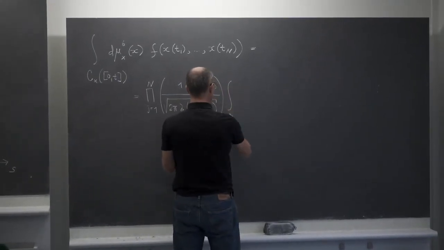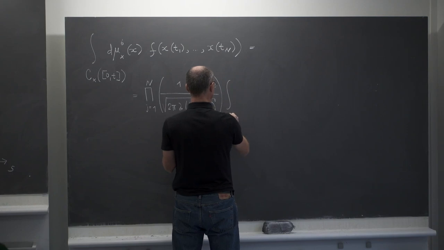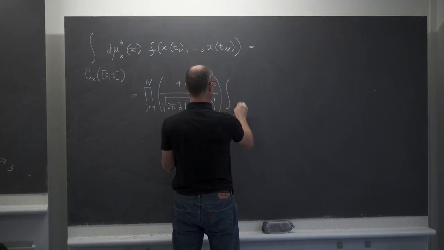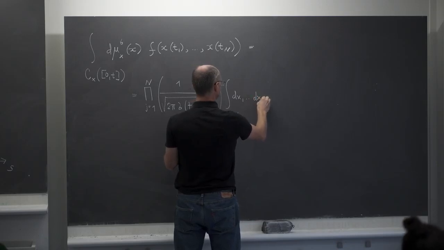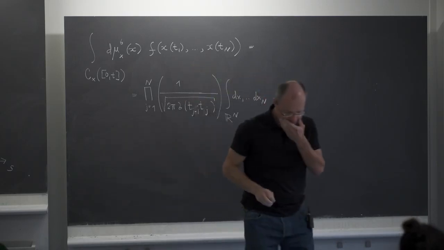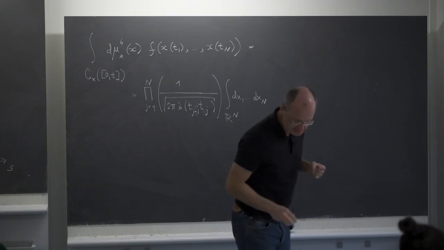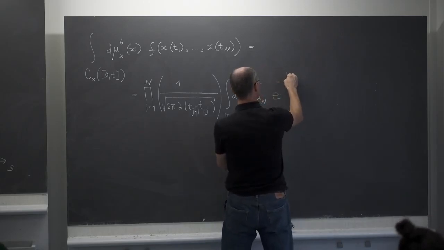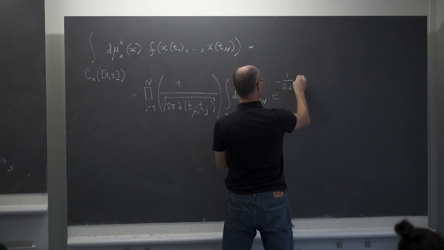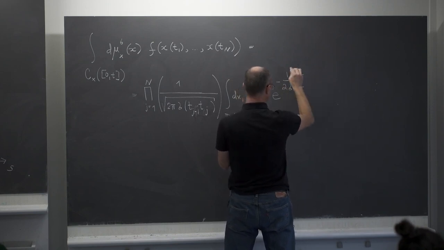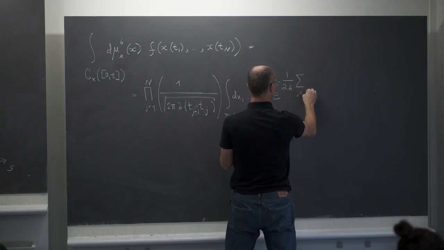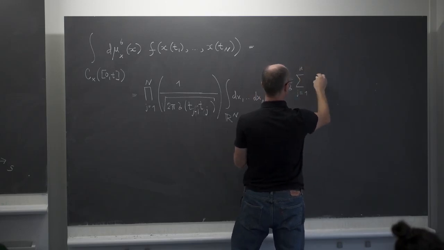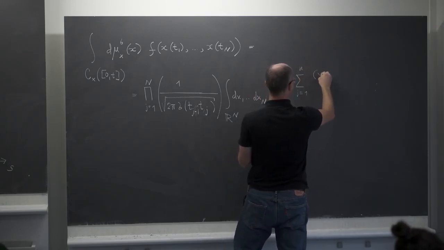And here an integral over R^n, dx_1 through dx_n. And here I'm writing the following Gaussian measure, 1 to n, and here x.